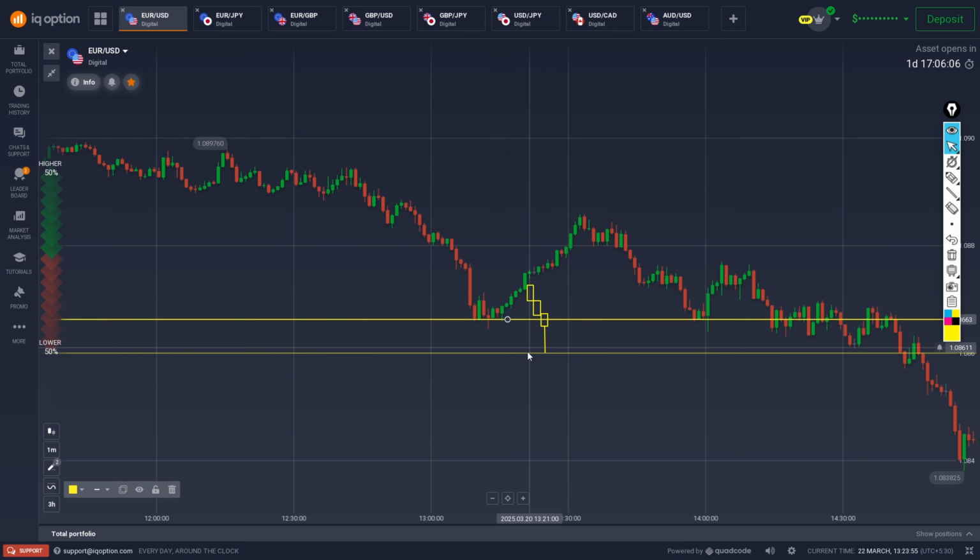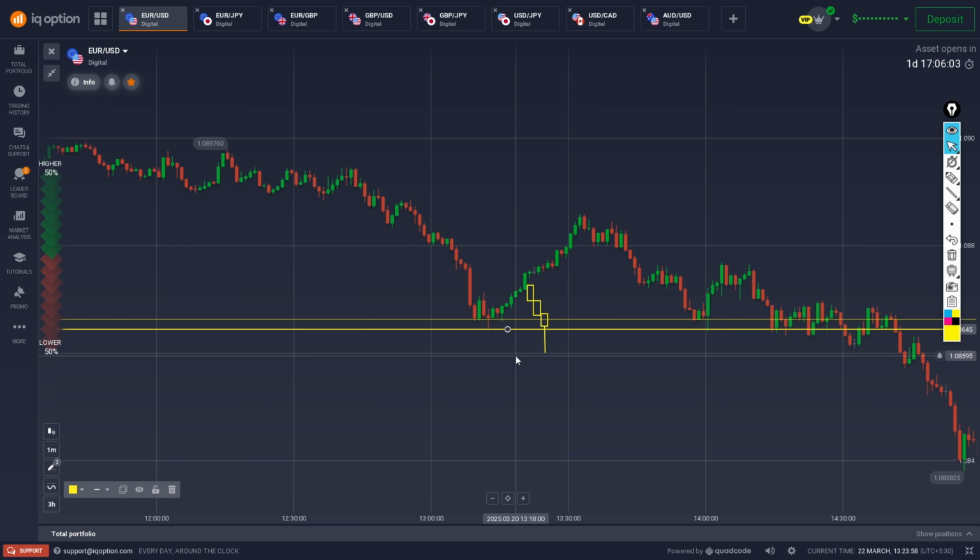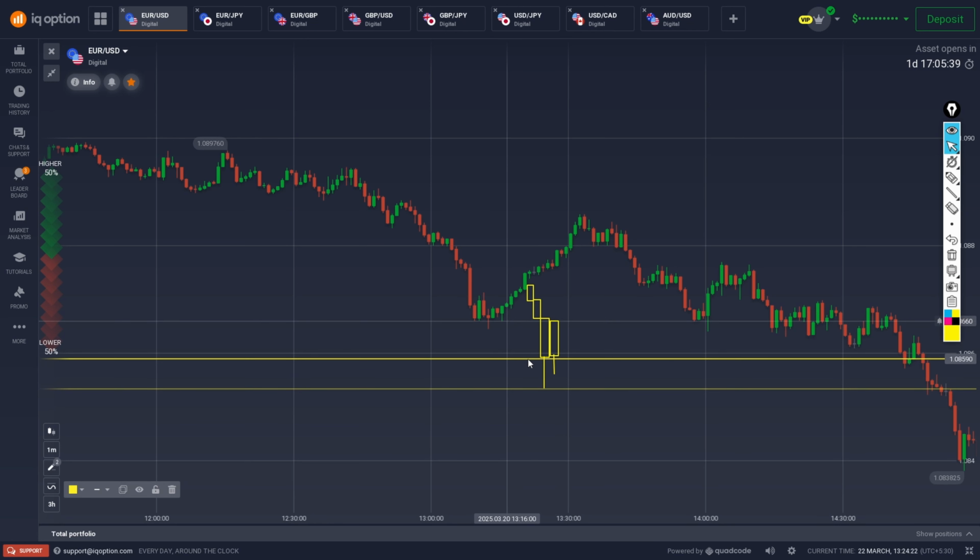Similarly, if price moves like this, it goes down, it breaks the level clearly, but the next candle comes inside like this, which means that this was actually a fake out, and you have this wick or this wick also. What will you do? You will simply update the zone like this, because this was not a clear breakout, this was a fake out setup. So that is how you can draw a perfect support or resistance zone, and you can update the zone.